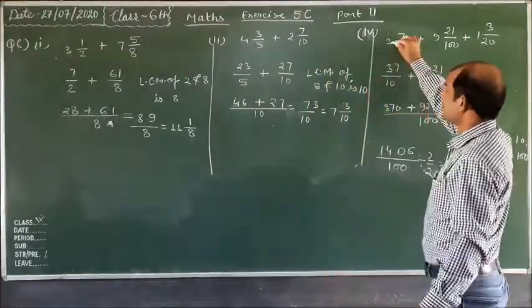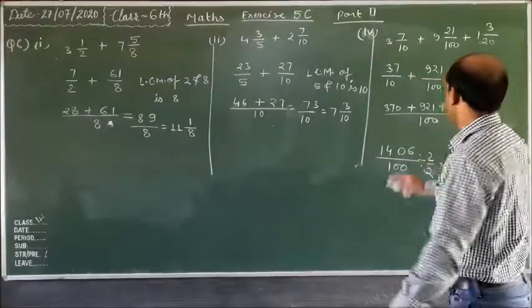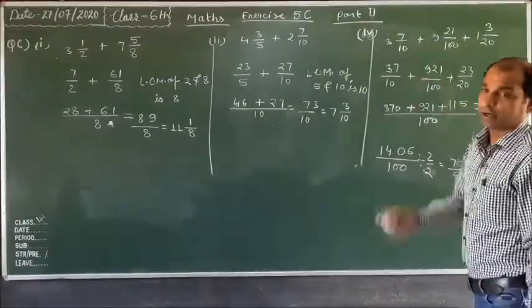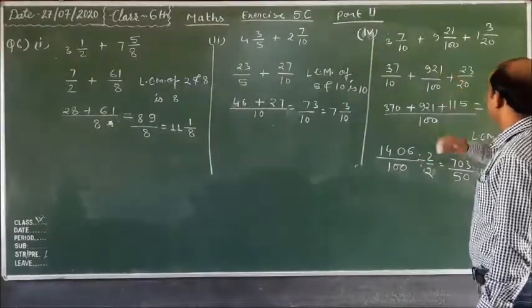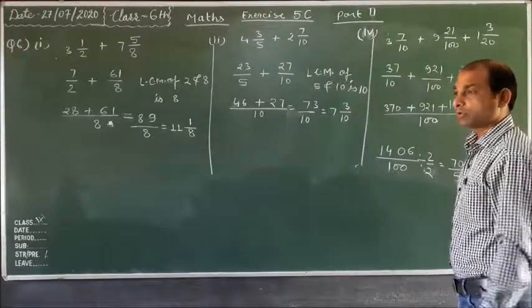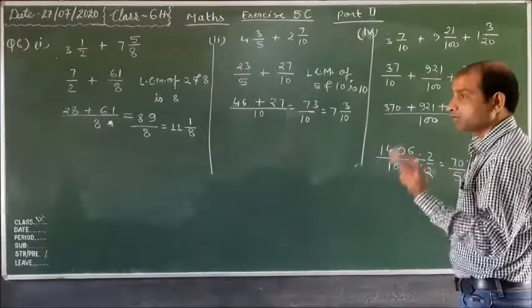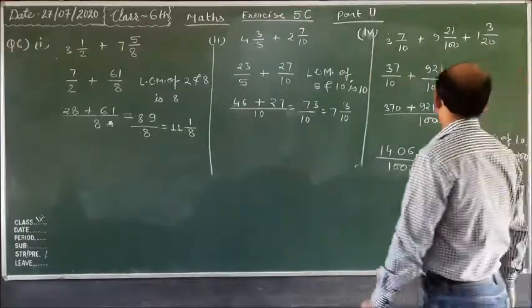So 10 multiplied by 3 equals 30 plus 7 equals 37 upon 10. 100 multiplied by 9 is 900 plus 21, 921 upon 100. 20 multiplied by 1 equals 20, plus 3 equals 23 upon 20.